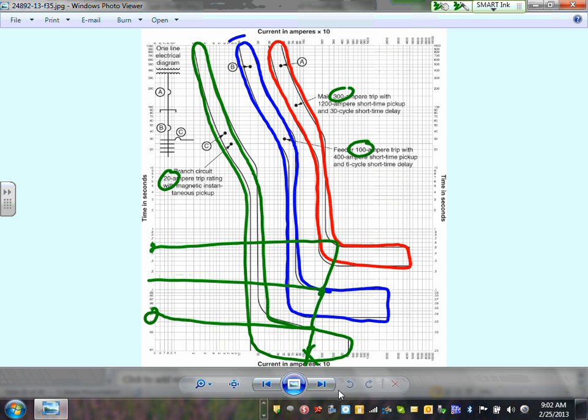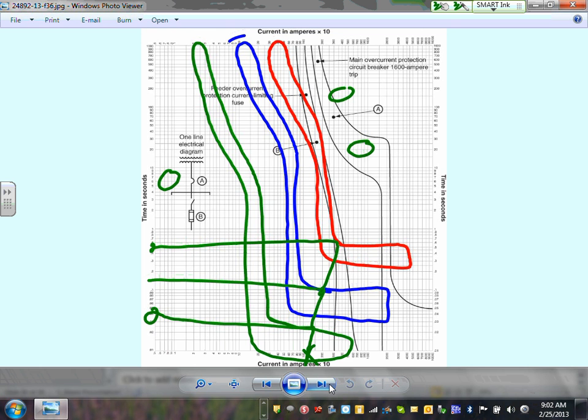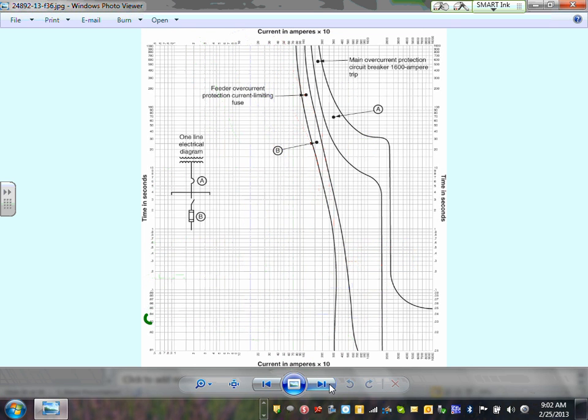So that's my coordination. This one is coordination of a fuse and a circuit breaker. The same thing. Can you tell that these are fully coordinated? Are they touching each other? No, they're coordinated. That's really as simple as that. If they're not touching each other, they're coordinating.